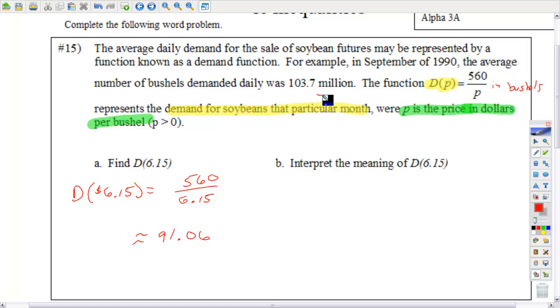This is being measured in millions. So it's 91.06 million bushels.